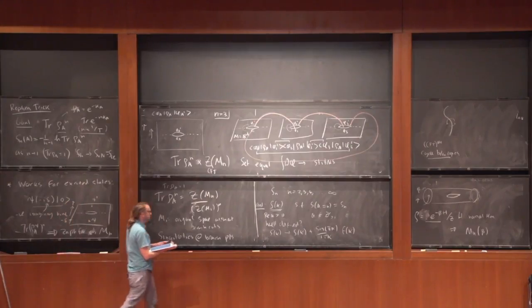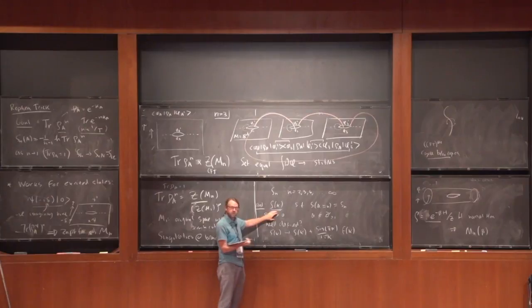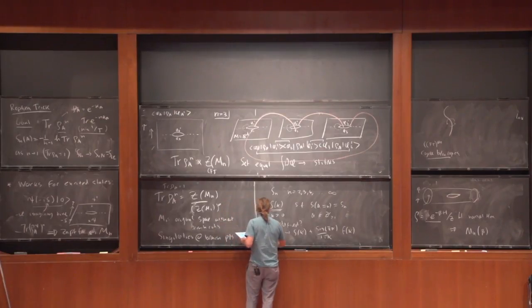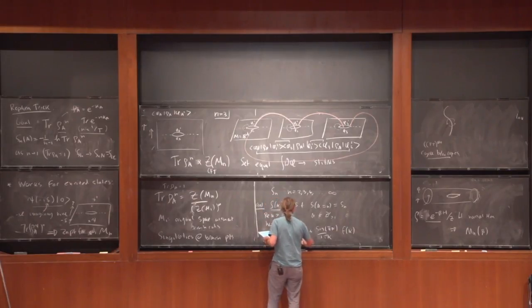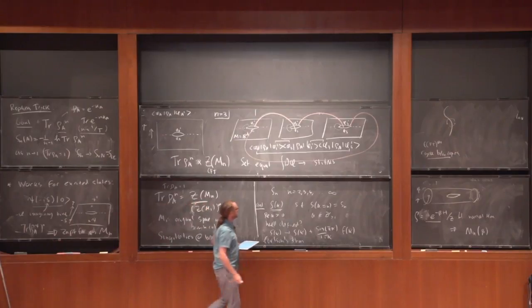And to get rid of this possibility, you need some nice behavior at infinity. So if this function is well behaved, it doesn't grow too fast at infinity, then actually there's a theorem which is called Carlson's theorem, which guarantees a unique continuation. And so the growth condition.